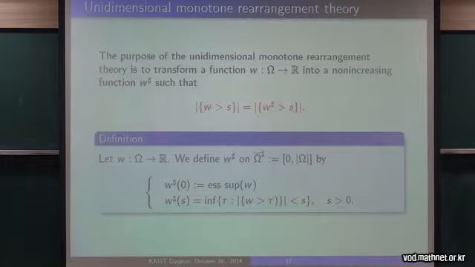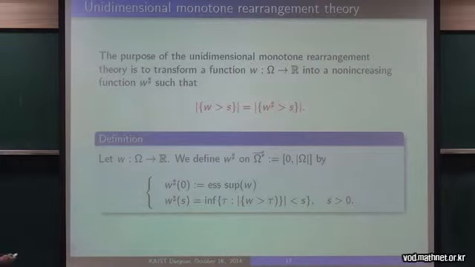So we transform a function W into a non-increasing function W sharp in such a way that the measure of the set of points where W is larger than S coincides with the measure of the points where W sharp is larger than S.